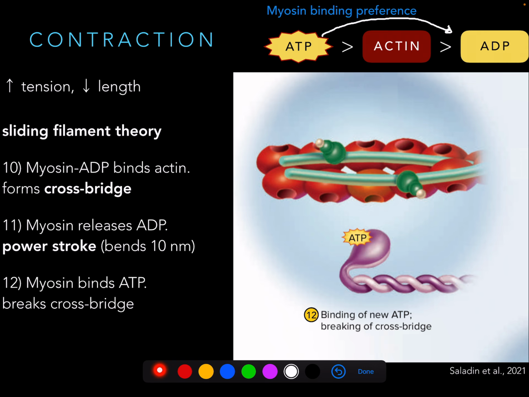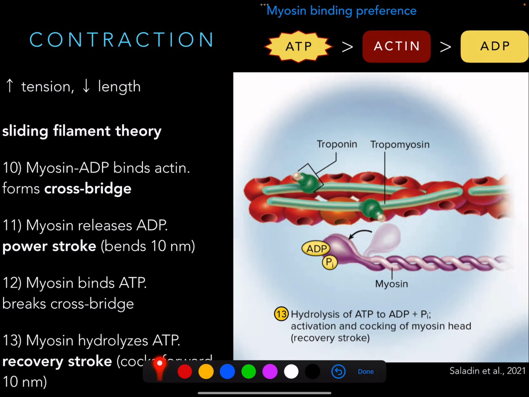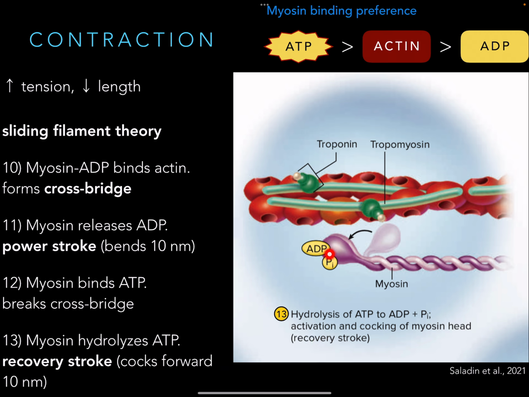Now here's the fun thing that happens when I do that. I cock forward. So the shape of myosin depends on whether or not it's holding on to ADP. If it's holding on to ADP, it is cocked forward in what we call the recovery stroke. When it lets go of ADP, it cocks back in what's called the power stroke.